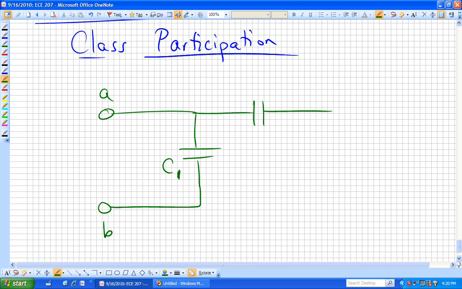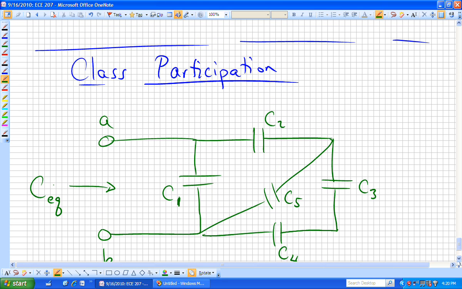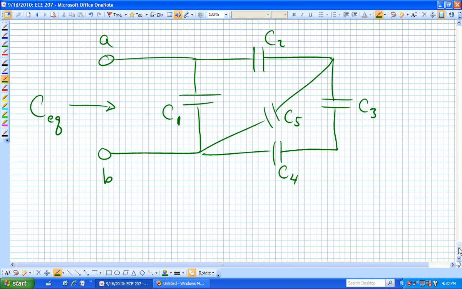It's now going to be this. What is the equivalent capacitance looking into terminals A and B? That's your class participation. In terms of C1, C2, C3, C4, and C5.